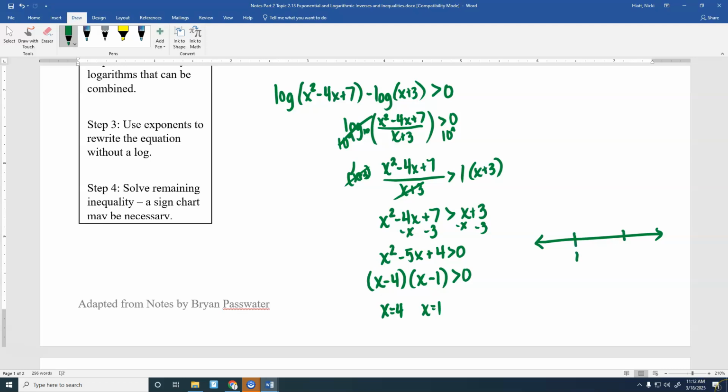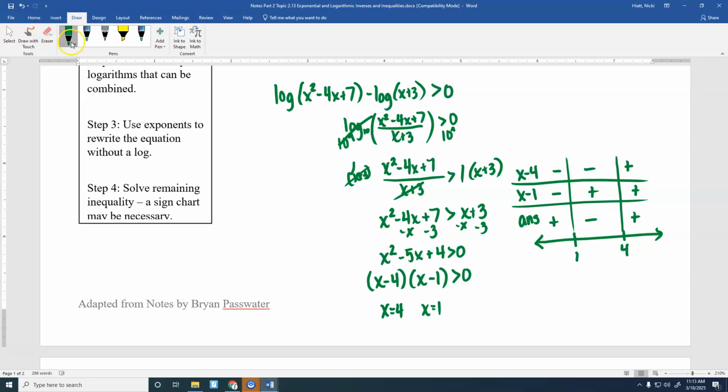I'm going to put 1 and 4 on my line, and then I like to make the chart where I've got x minus 4, x minus 1, and my answer. On that top line, I would get negative, negative, positive. On the next line, negative, positive, positive. It's going to give me positive, negative, positive.